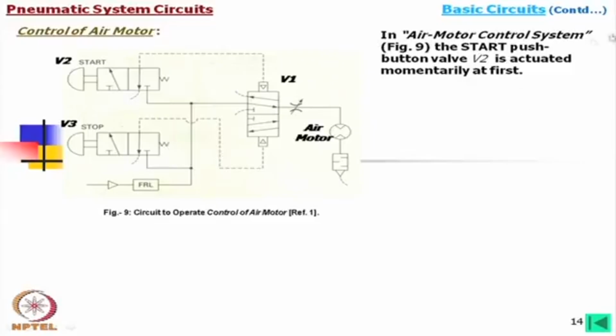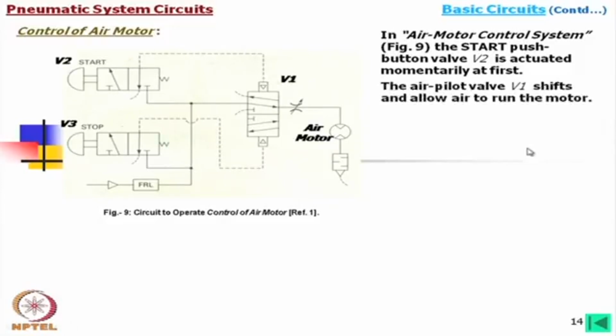Now, in the air motor control system, the start push button valve V2 is actuated momentarily at first. So, we push this one. Once we push this one, we get these positions. That means this path is being connected. Then the air pilot valve V1 shifts and allows air to run this motor.